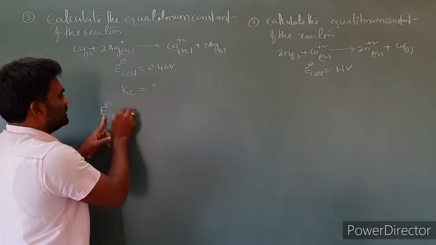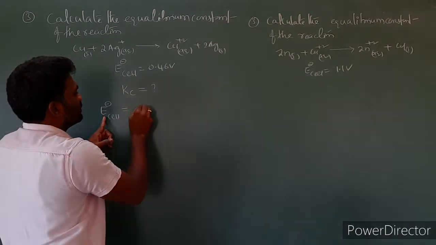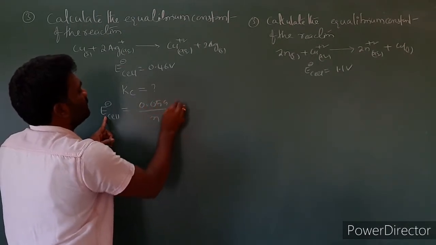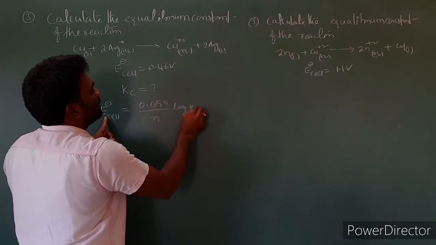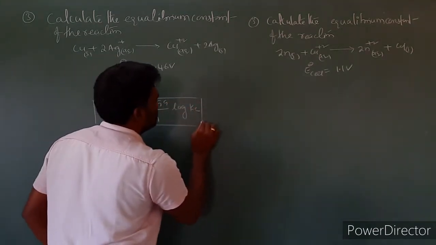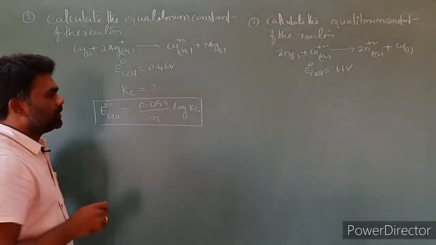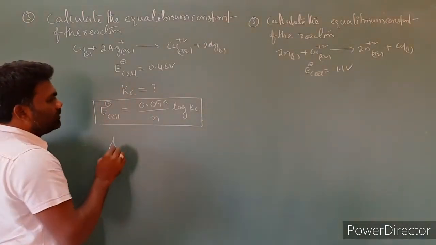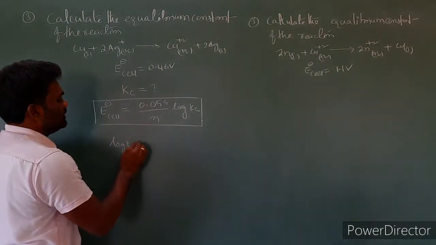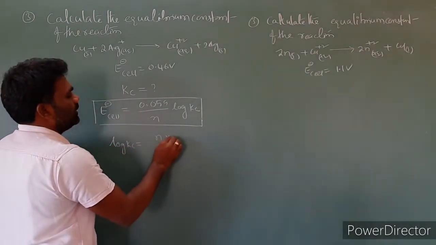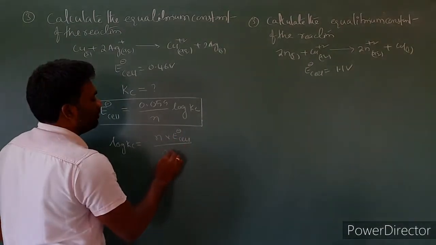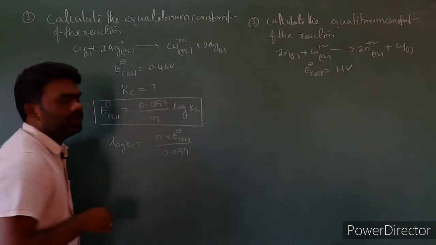That equation is standard potential of cell is equal to 0.059 by n log Kc. This is the formula we have to use to solve this problem, to find the Kc value. Log Kc is equal to n into the standard potential of cell by 0.059.